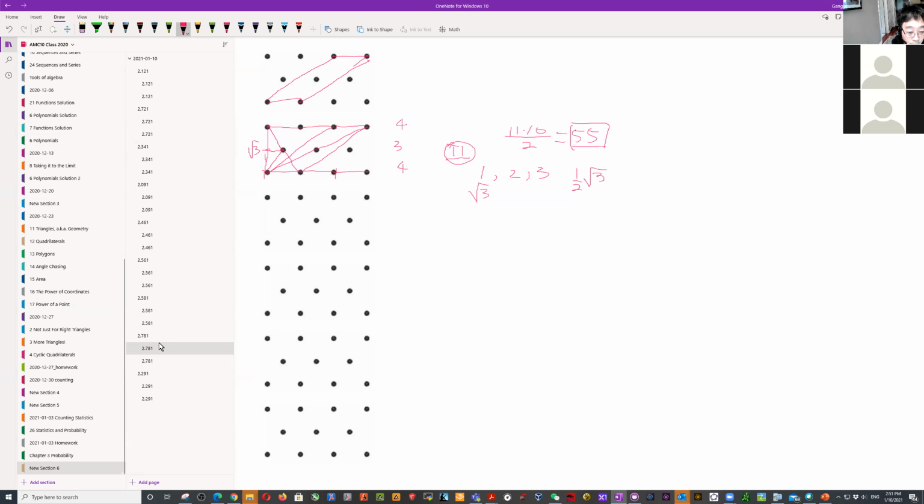For example, this one is 2 and square root of 3, so if we use the Pythagorean theorem, this line is going to be square root of 7. So with square root of 7, you can still make a parallelogram.